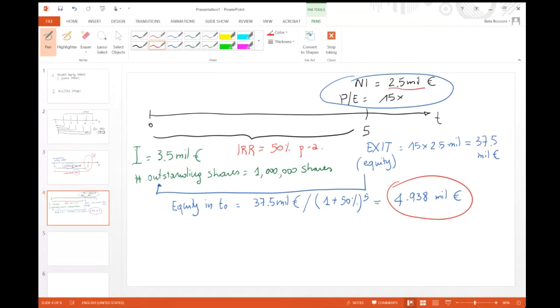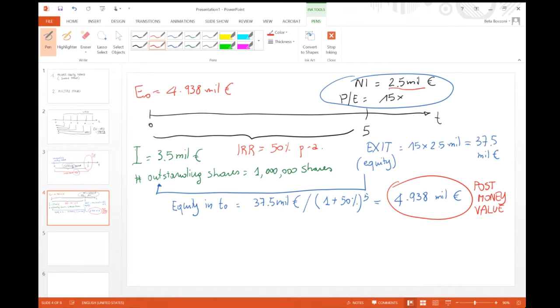So it is the value of the company including our investment of 3.5 million euros, what we define as the so-called post-money value. It is the value of the company after having received a capital increase of 3.5 million euros. So now another piece of our exhibit tells us that the equity value at T0 of our company is 4.938 million euros.